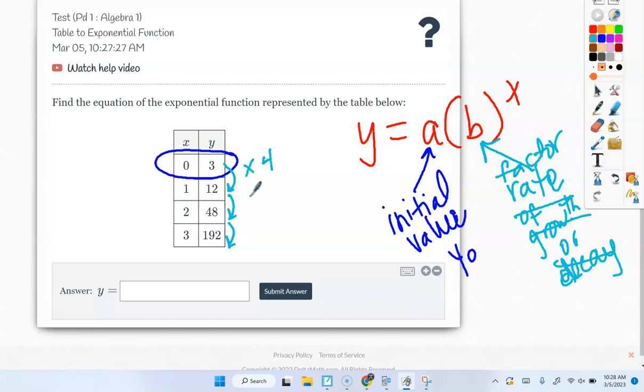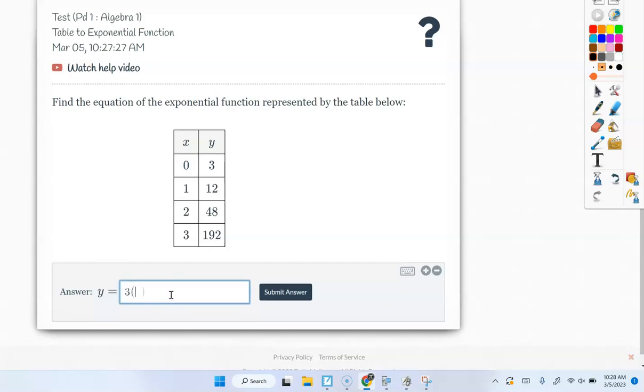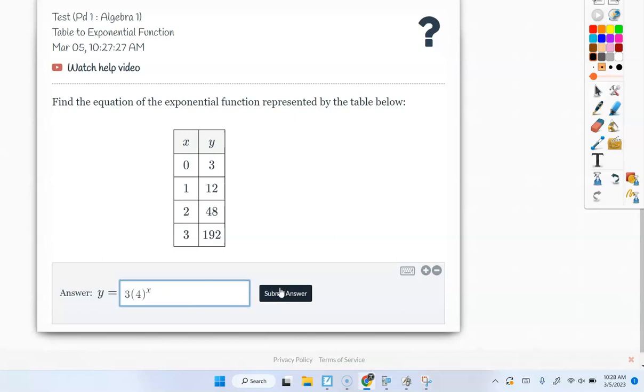Each time here I'm multiplying by 4, so my b value is going to be 4, and my a value is 3. So the equation I'm going to type is 3 parentheses 4 to the x power.